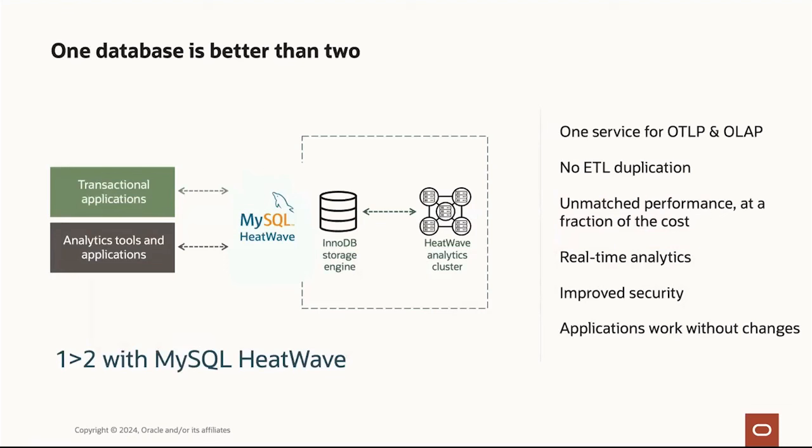And the changes made by MySQL transactions are replicated in real time to the Heatwave cluster and become immediately available for analytics queries, giving you that real-time analytics. And also, since data isn't transferred between databases, the risk that it could be compromised is eliminated.